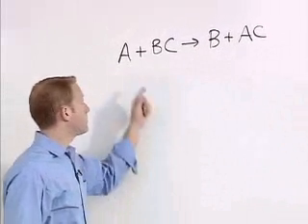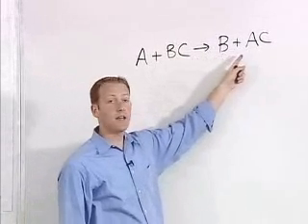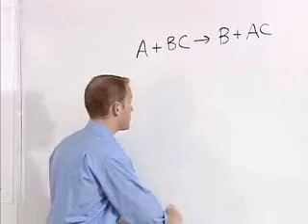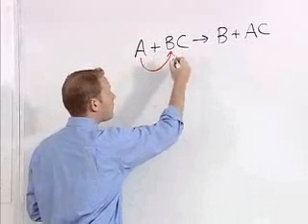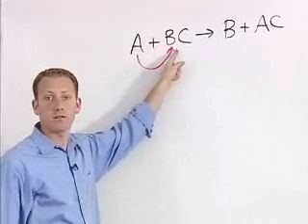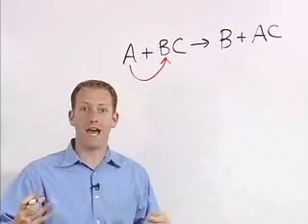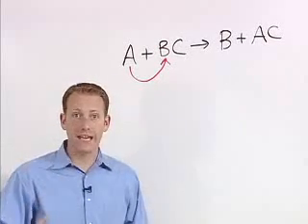And notice you have an element and a compound producing an element and a compound. What happens in this equation is single replacement. The element replaces one of the parts of the compound. So A replaces B, and now B is gone, because everybody wants to be bonded together, but only the best and most active substances will actually get bonded.